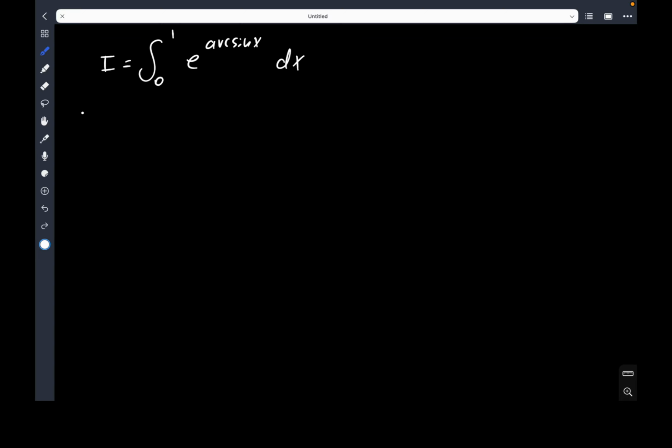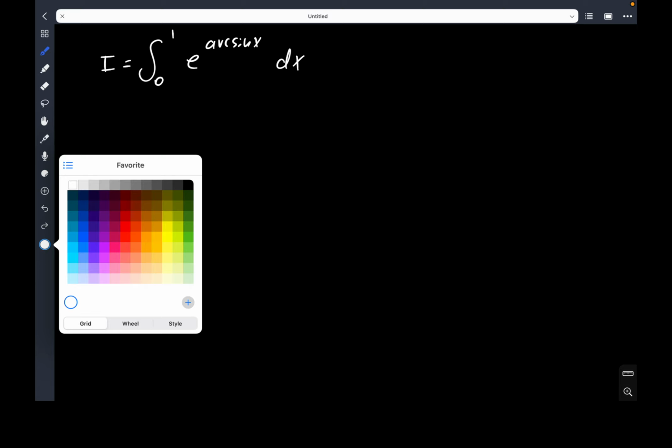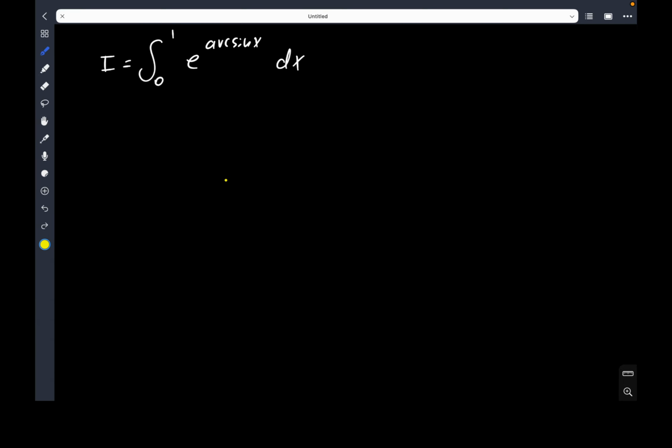So to solve this integral, this might sound a little bit hard, but I can do a little substitution here, a smart substitution. I'm going to call t equal to arcsine of x.